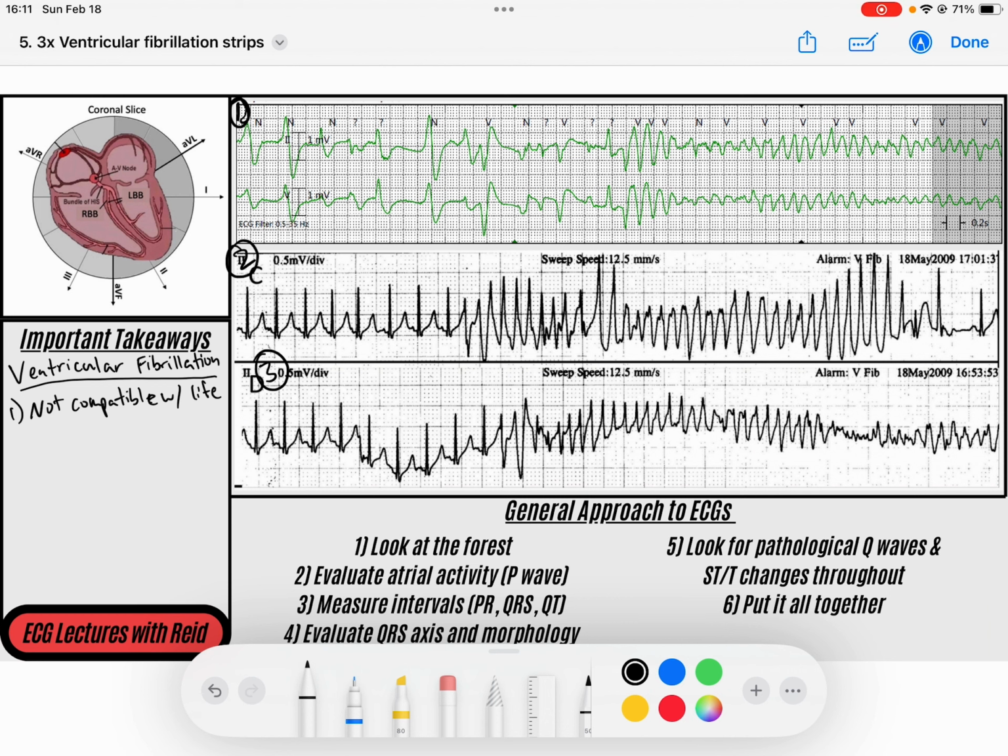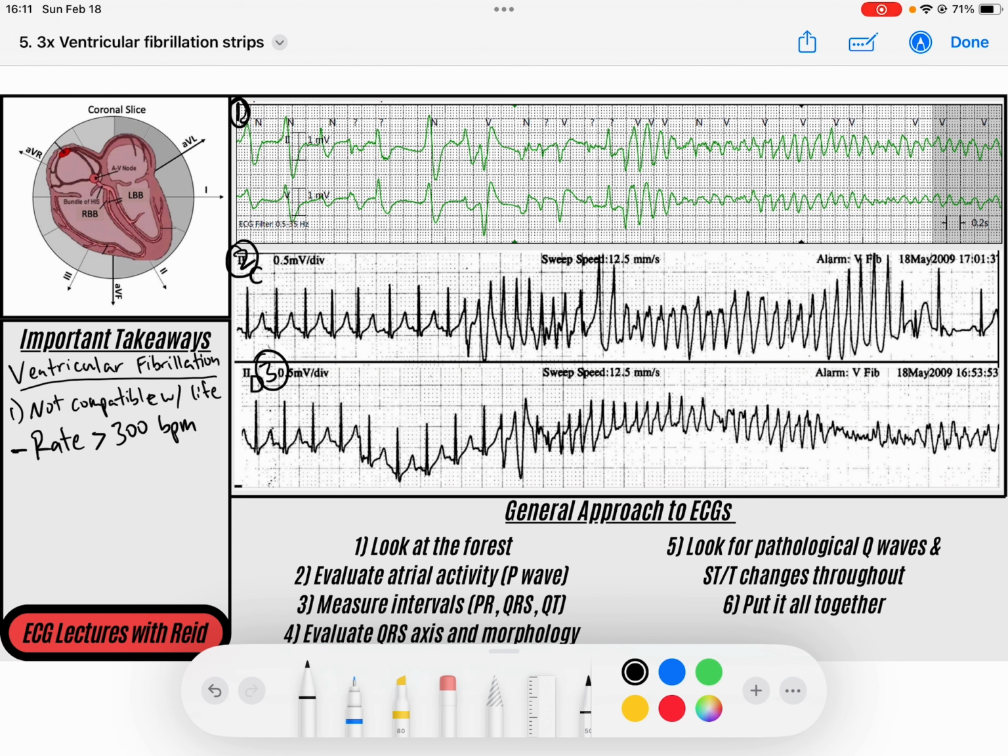And so a couple things about VFib that I want to talk about. So some criteria here. For one, why is it not compatible with life? Because the rate is going to be above 300 beats per minute.